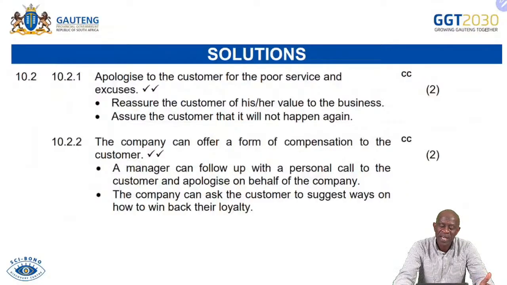Just give him assurance that we are working hard to address the problem or the issues that the customer is complaining about. Assure the customer that it will not happen again. So you reassure and assure the customer that it's not something that will be repeated.